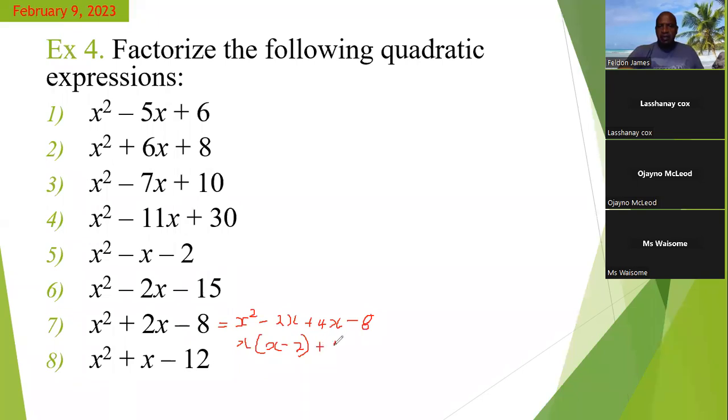And 4 would be the common factor here. 4 into 4x gives you x. 4 into negative 8 will give you negative 2. So our factors will be x minus 2 times x plus 4. Let me see the hands of those who got this one.